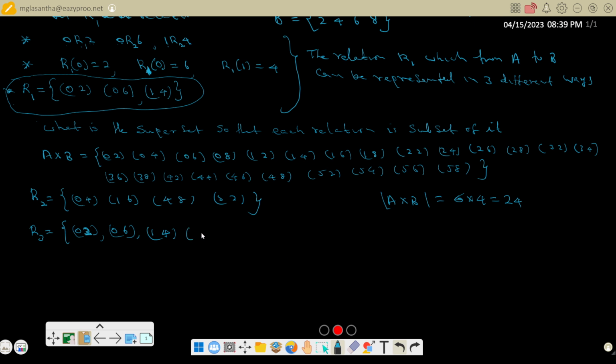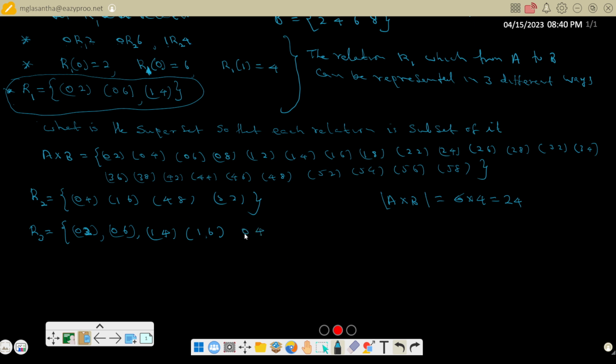Can we take 1, 6 because R2 already has 1, 6? It can be, you can take it. Why can't it? They may intersect, they may not intersect. Right? 1, 6, no matter, you can take. If you want 0, 4 also, you can take.